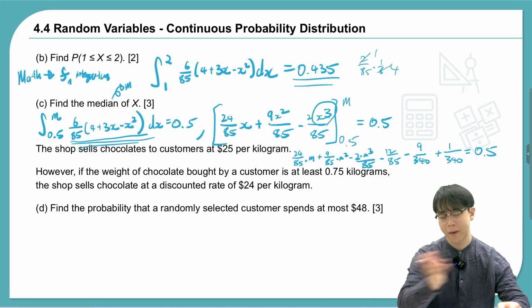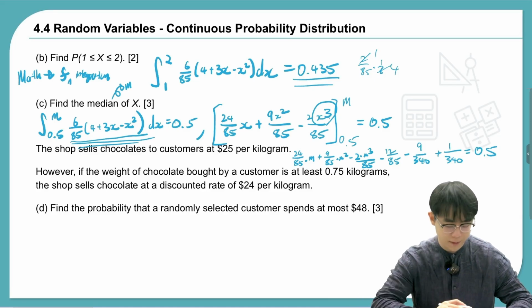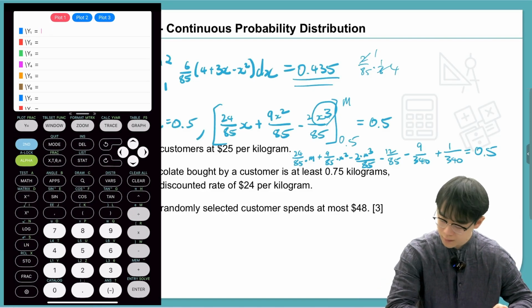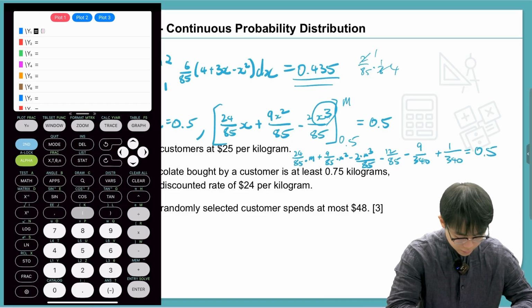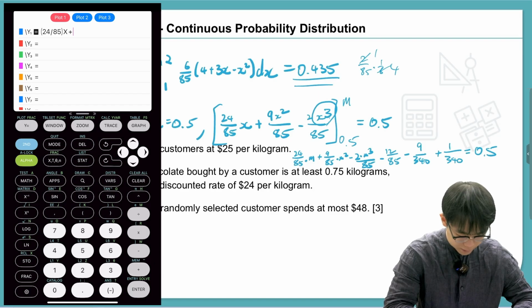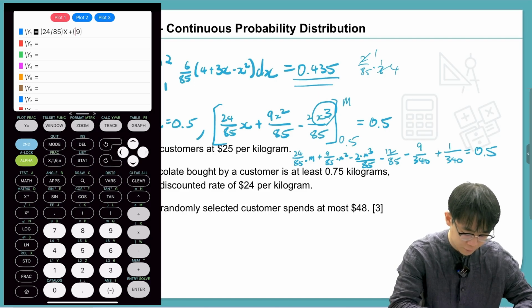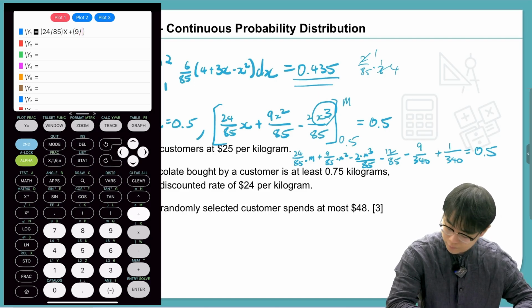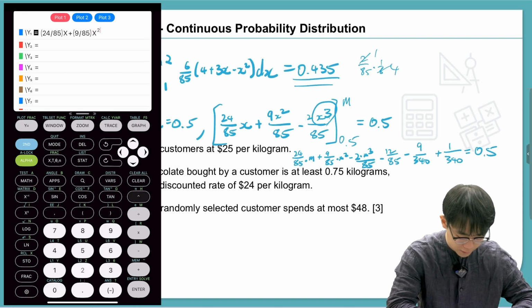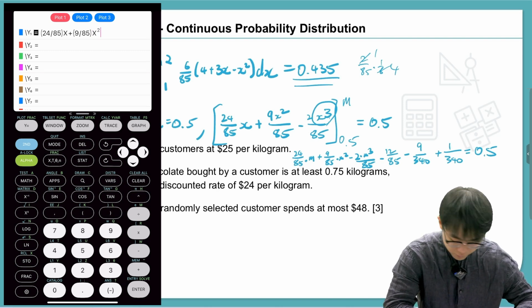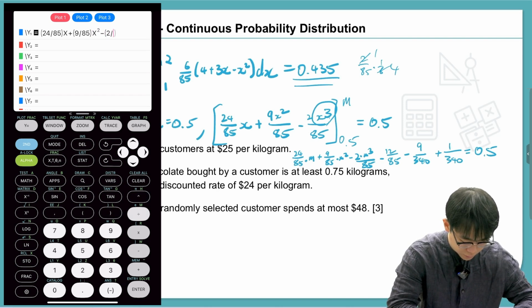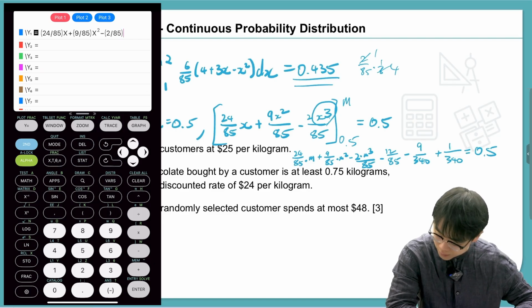So we're going to go back to our calculator to solve for what this is. So we get 24 over 85x plus 9 over 85 times x squared, note that x stands for m in this case. Then we get minus 2 over 85 times x cubed.